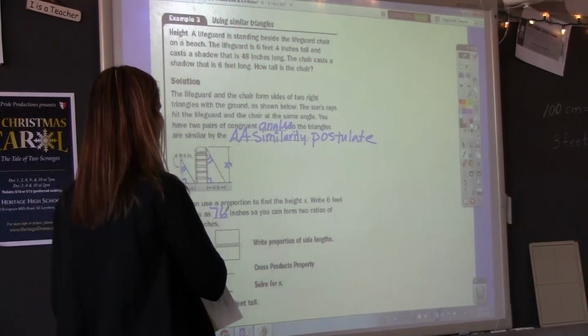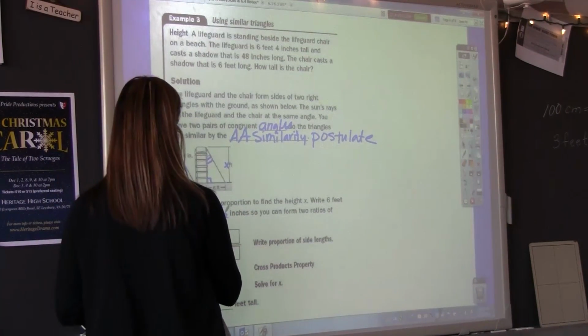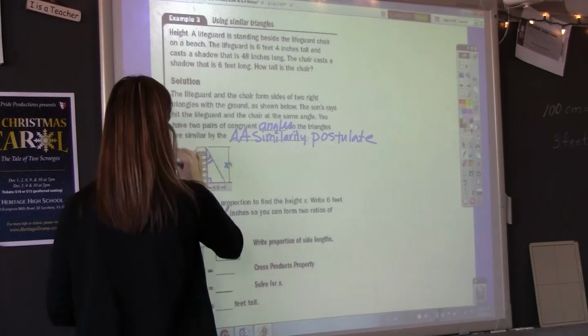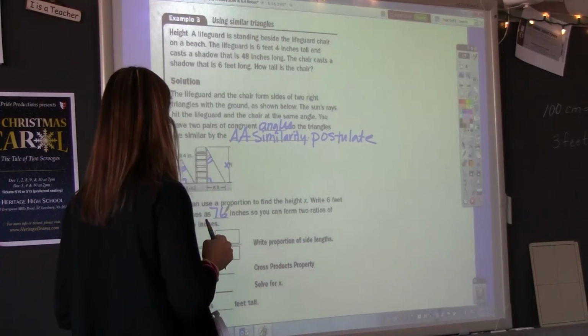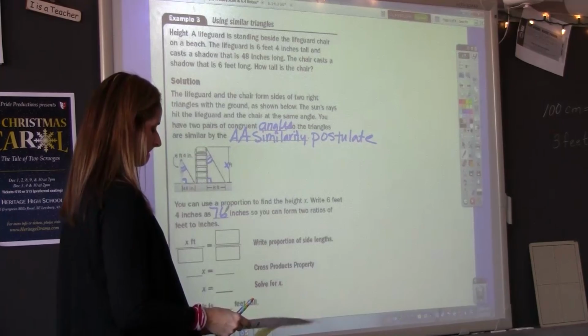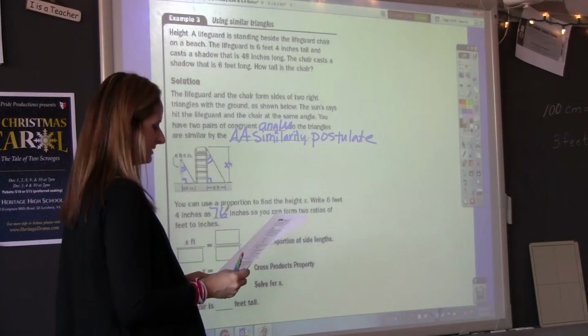Now see if you can fill in this proportion. You've got one unknown and three numbers, and they already put the unknown in a place for you. We're almost done.